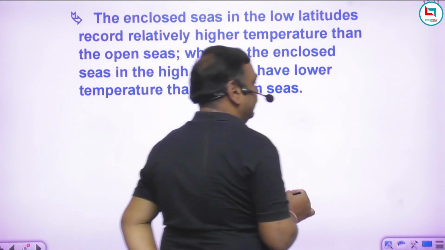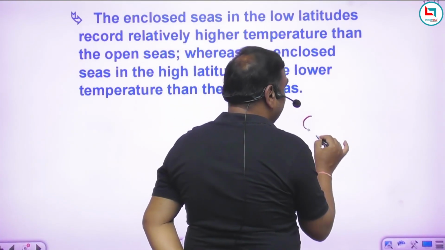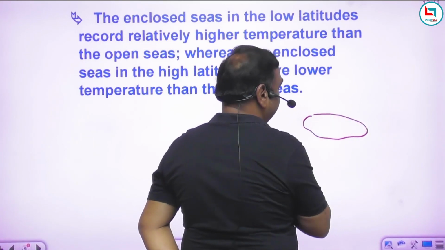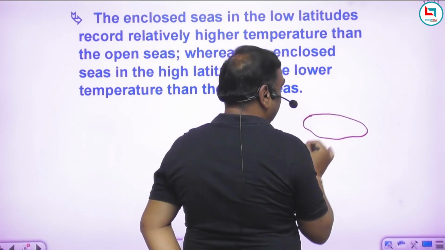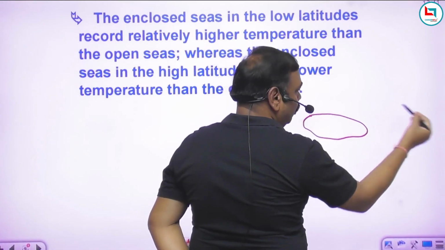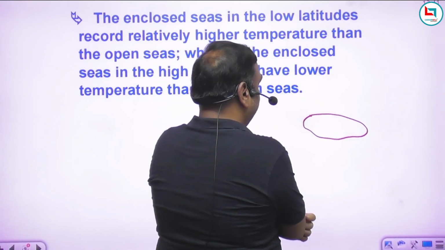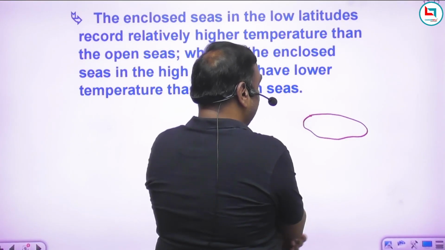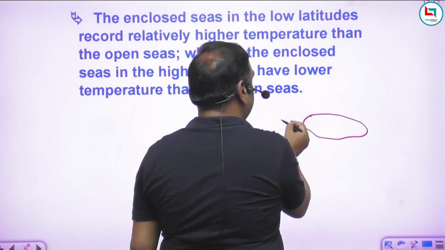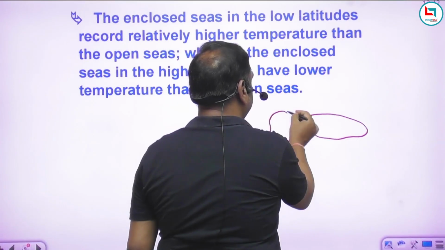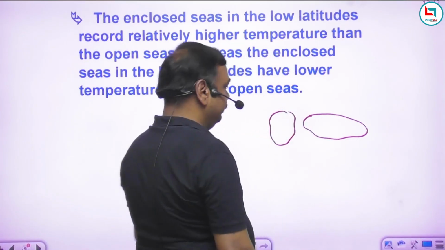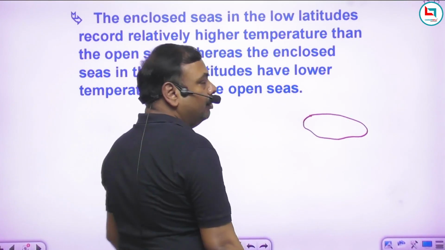So consider here, we have a sea called the Mediterranean Sea, and to the west of this Mediterranean Sea we have a portion of the Atlantic Ocean.